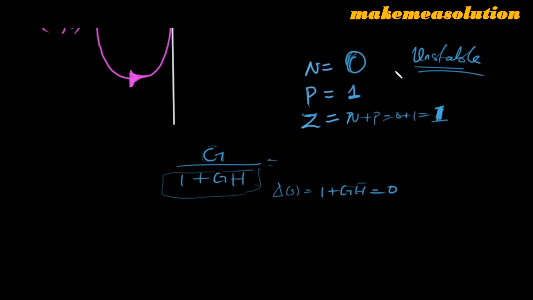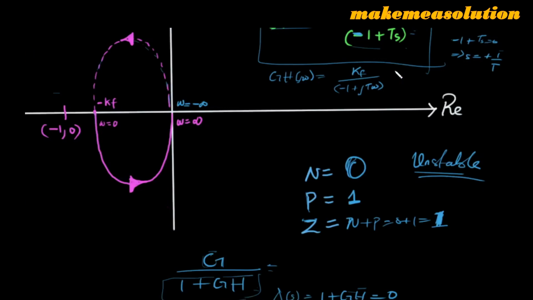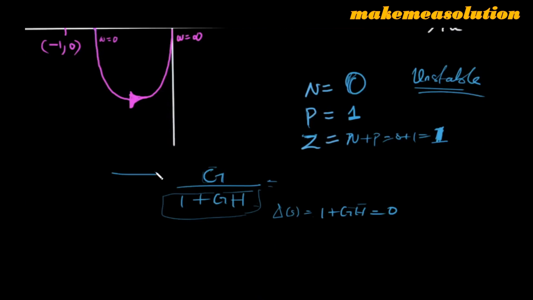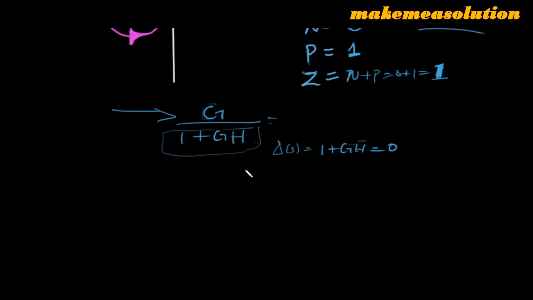So assuming we were to solve this question using this same format I just described, if we express it as G over 1 plus GH of S, we'll be having something like KF all over minus 1 plus TS.